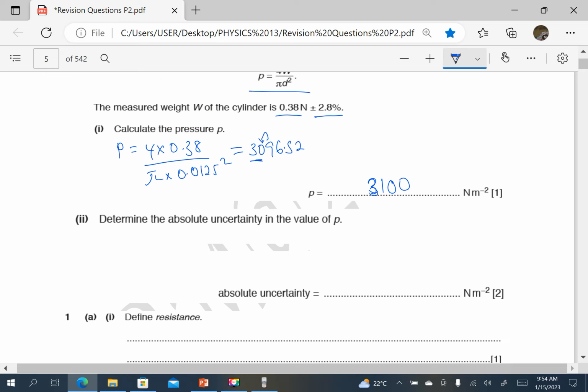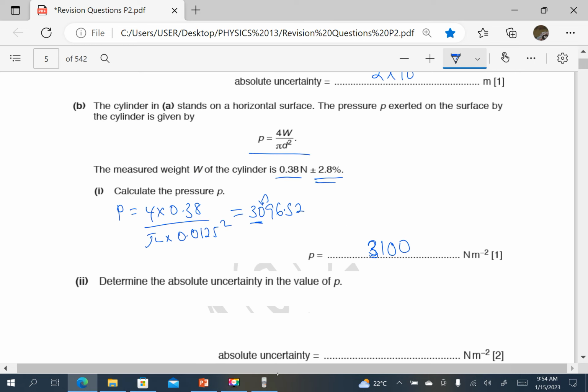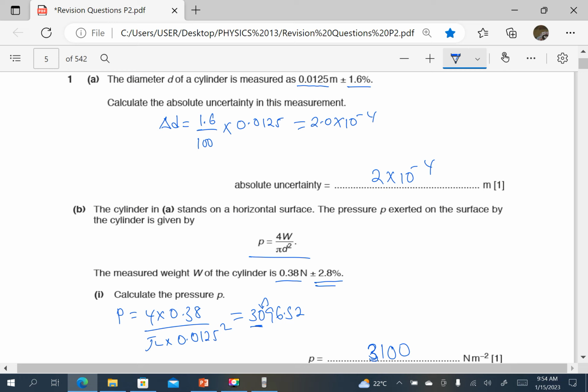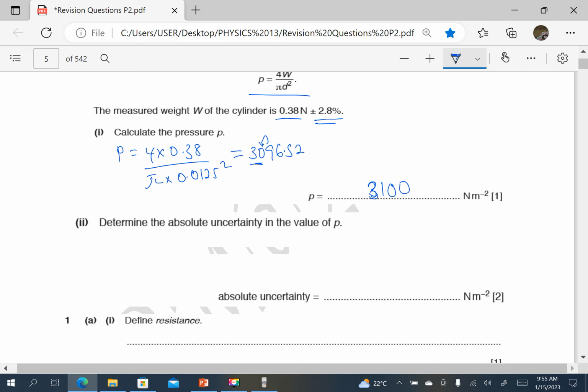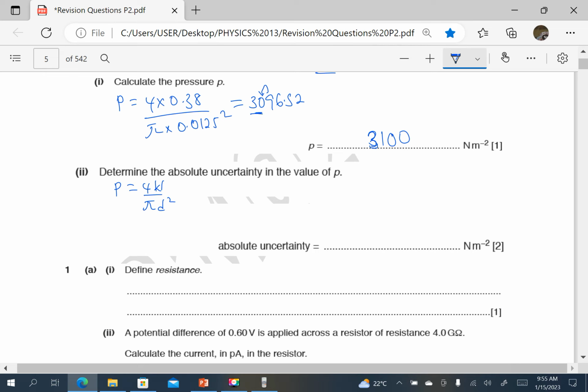Then determine the absolute uncertainty in the value of rho. Absolute uncertainty. So here we have a percentage for W, and we also had a percentage for D. So I'll just use percentages. Because pressure is equal to 4W divided by pi D squared. Since I'm seeing division and the power, I ignore the constants in that expression.